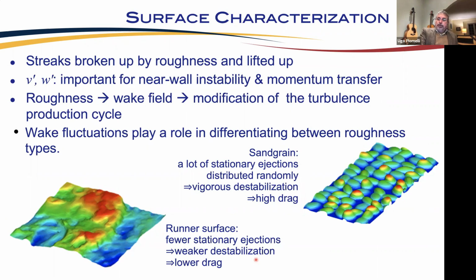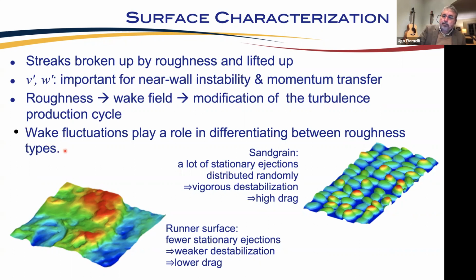The destabilization is weaker, and that results in a lower drag. So the wake field is the connection between the geometry and the changes in the drag and the changes in the Reynolds stress anisotropy.